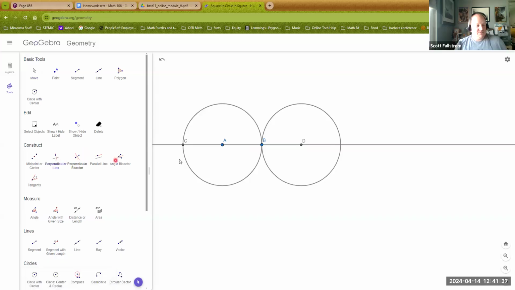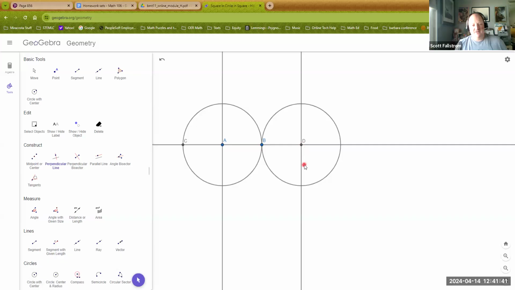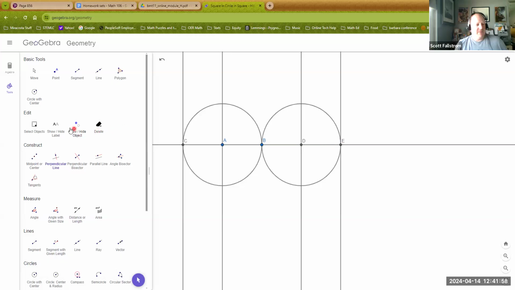So I could just make perpendicular lines up like this. Yep. And I'll get the end point over here. And then I'll also do a perpendicular line here and here. That way we know exactly where to end it. Okay, so now the point that these intersect, I want a perpendicular line that goes that direction.